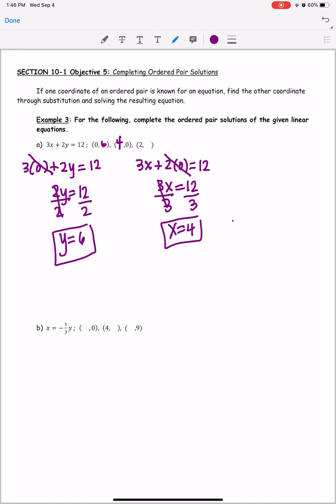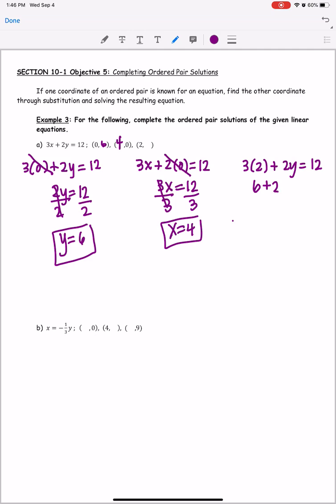And last one, they're telling me x is 2, so solve this for y. So we've got 3 times my x, which is 2, plus 2y equals 12. So this time nothing cancels out, but it's not a big deal. 2 times 3 is 6.